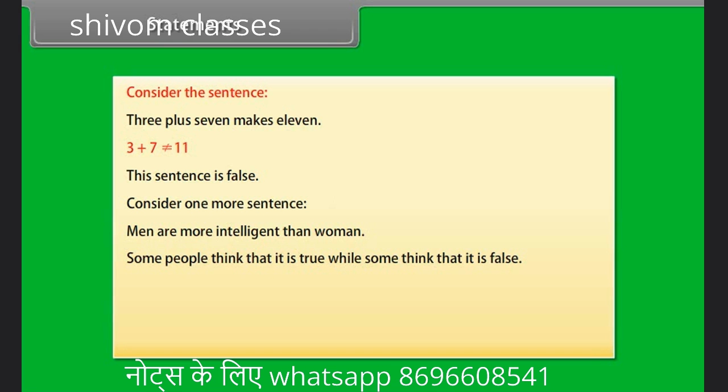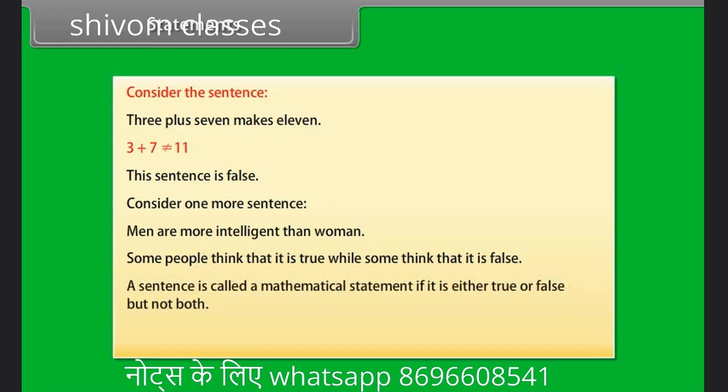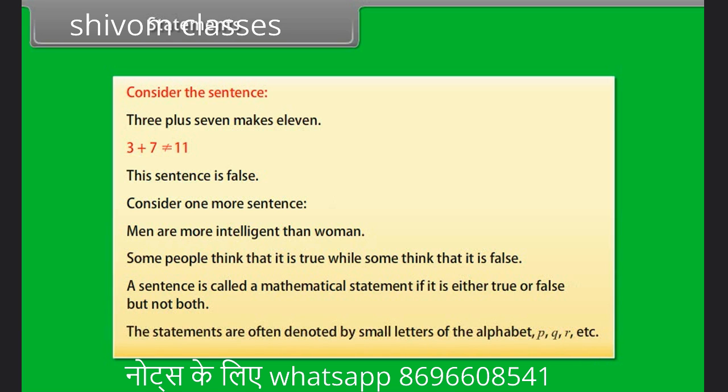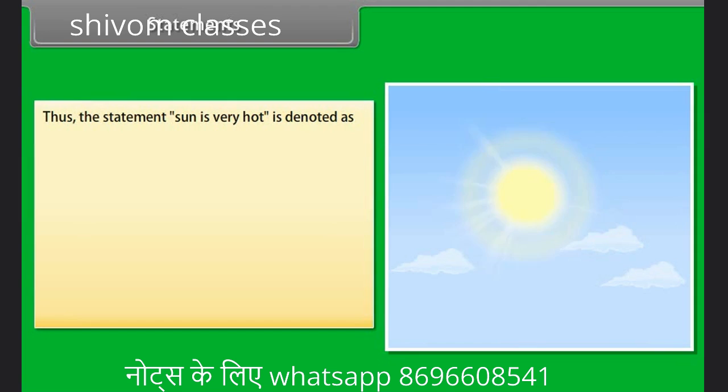Now we define a mathematical statement. A sentence is called a mathematical statement if it is either true or false, but not both. The statements are often denoted by small letters of the alphabet, p, q, r, etc. Thus, the statement "sun is very hot" is denoted as P: sun is very hot.